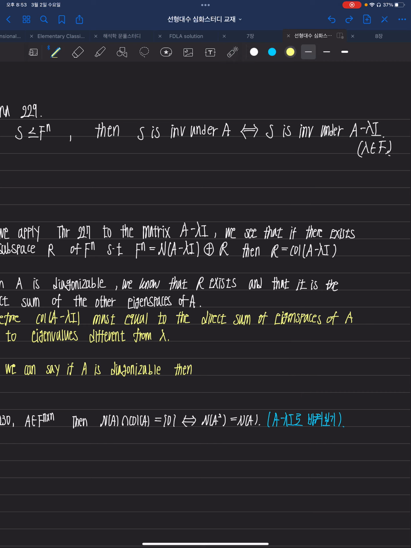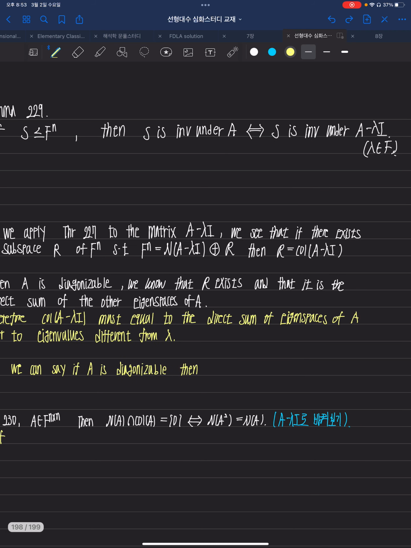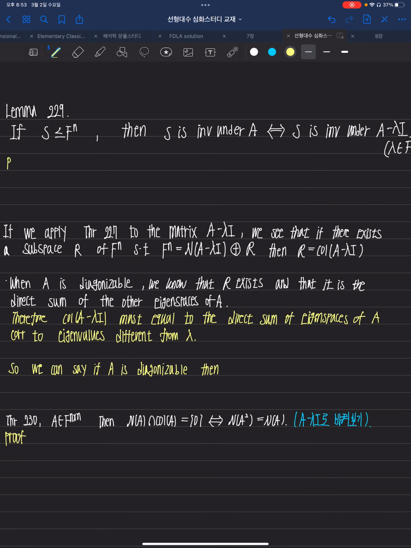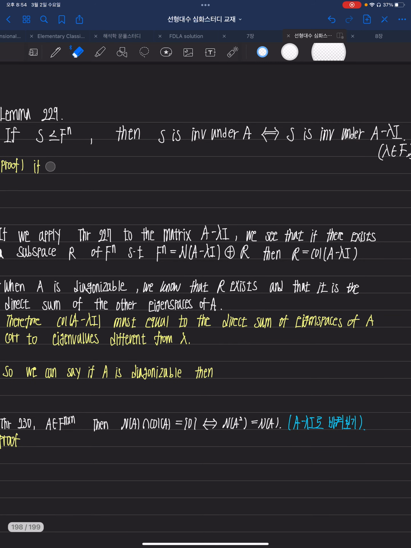Let me see. Proof. If x is in S, in this direction, then Ax is in S. Why? Because S is invariant under A. And lambda x is in S. Why?